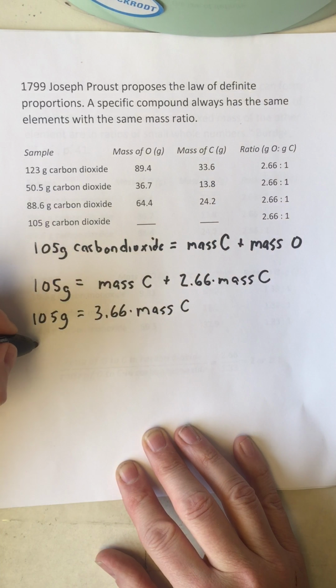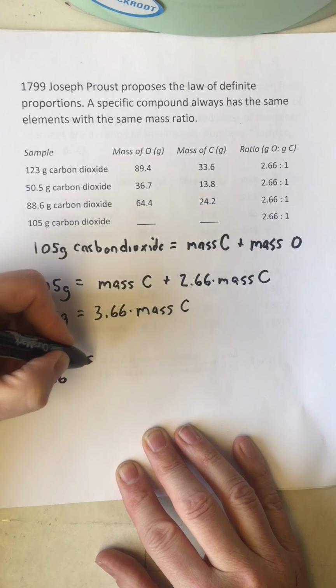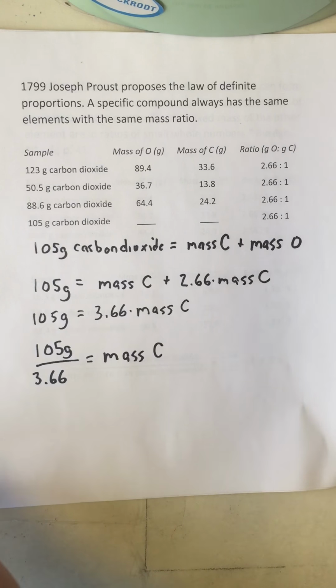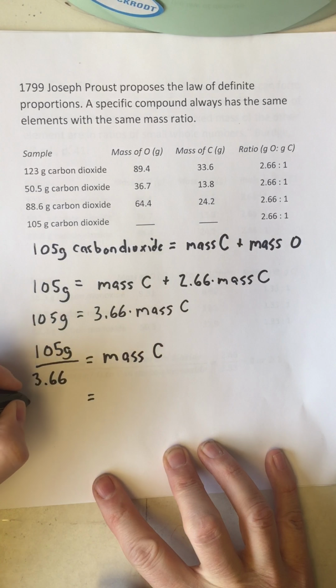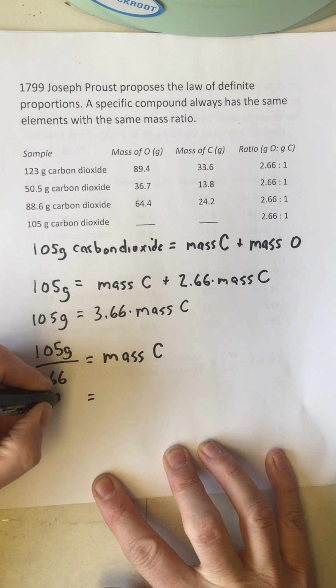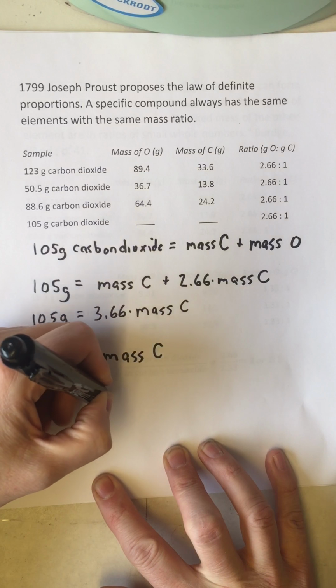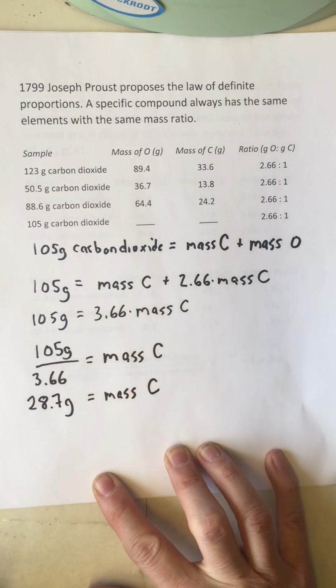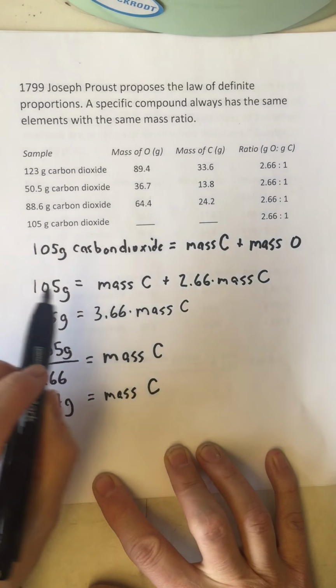Well, let's divide both sides by 3.66. And that gives us the mass of carbon. That's a simple calculation. So 105 divided by 3.66 gives us around 28.7 grams, which equals the mass of carbon. Now the total mass is 105 grams, so if we know the mass of carbon, we can find the mass of the oxygen.